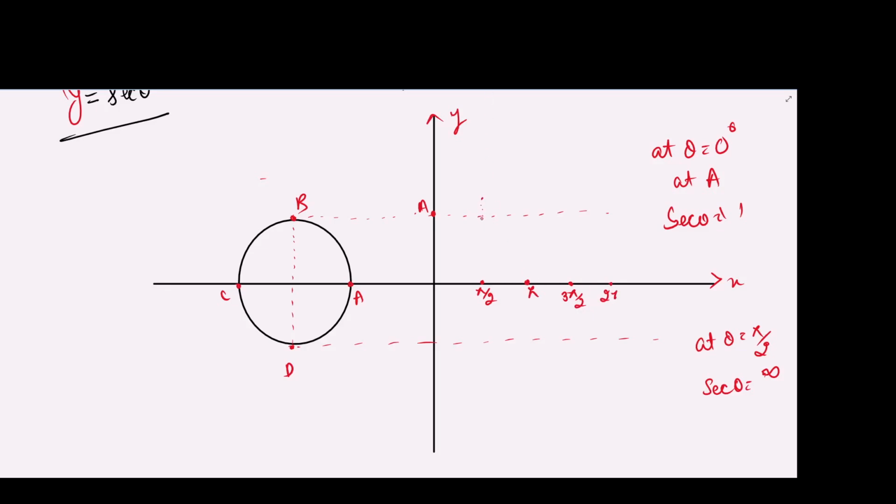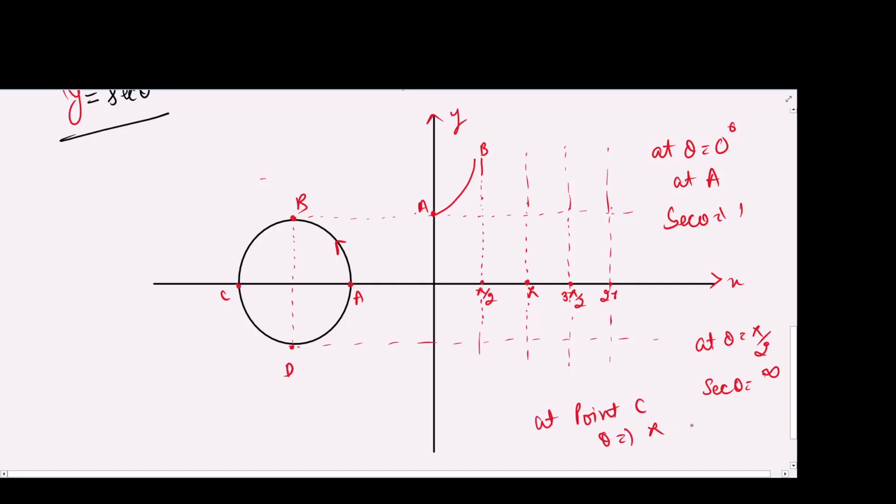First draw the vertical lines through all the angles, pi by 2, pi, and 3 pi by 2. So this is like this. So at pi by 2 it is infinite, so the value of sec theta increases from A to B up to infinity. So this is point B. Now at point C, theta is pi, therefore sec theta is -1.